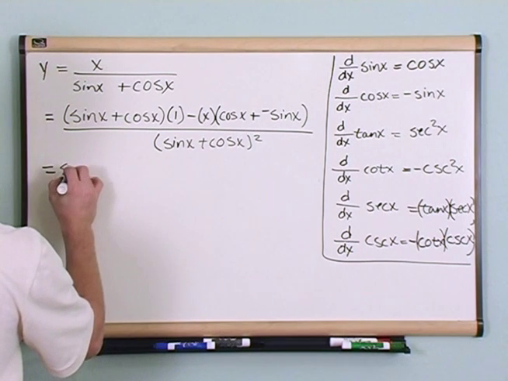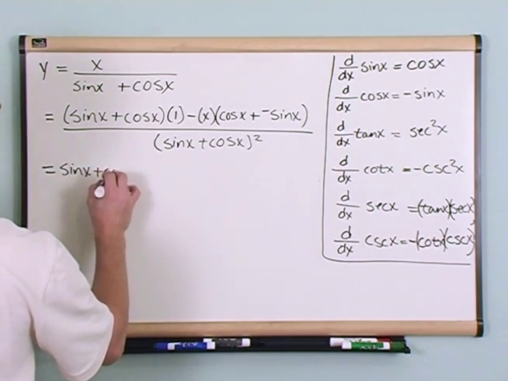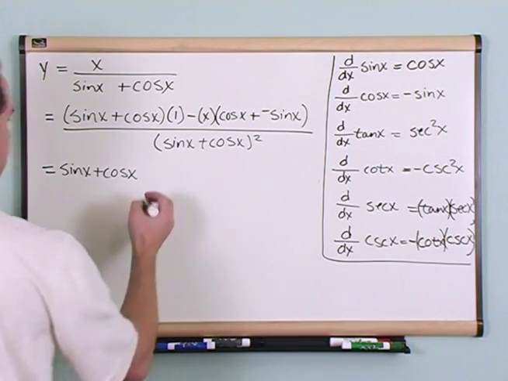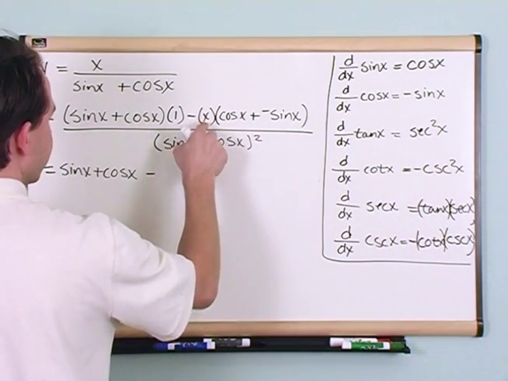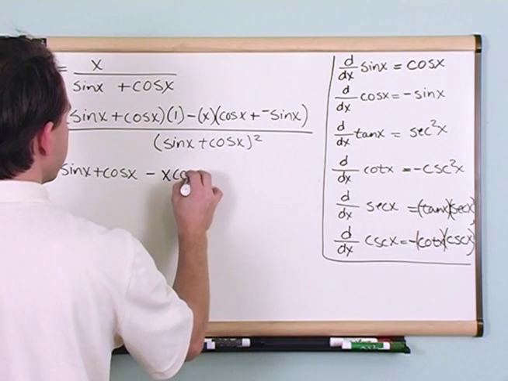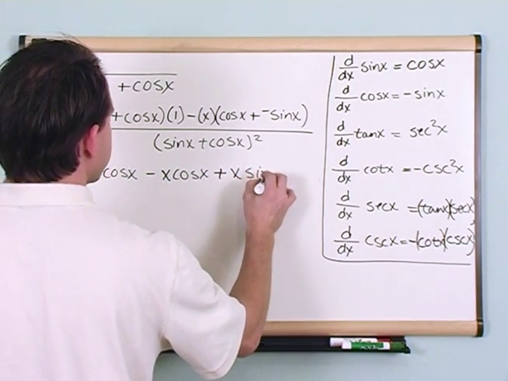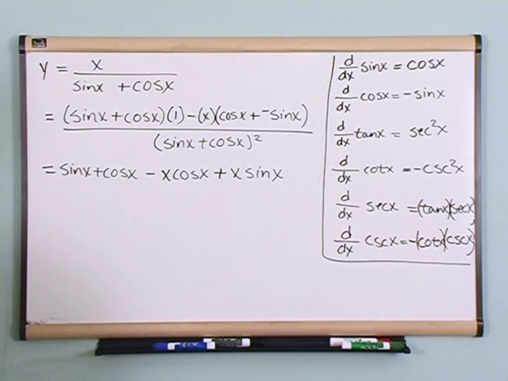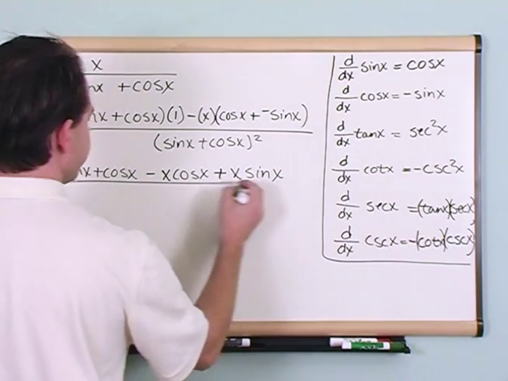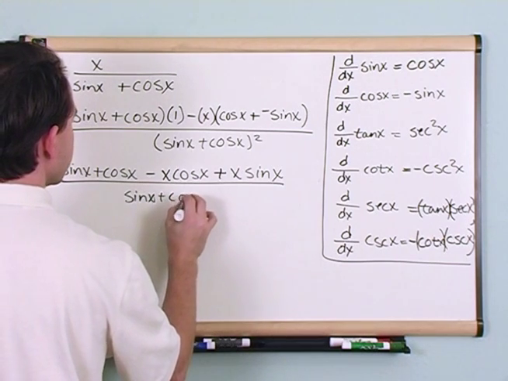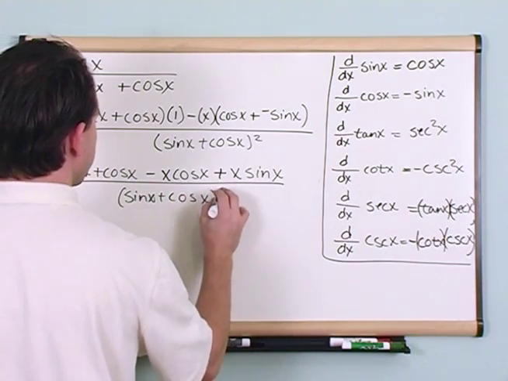So we have sine x plus cosine x, that takes care of this stuff, minus x times the cosine of x plus x times the sine of x. Okay? And on the bottom, we're going to have sine x plus cosine x, squared.